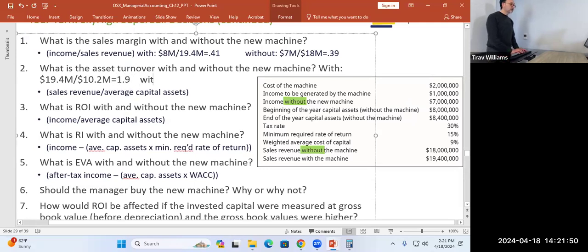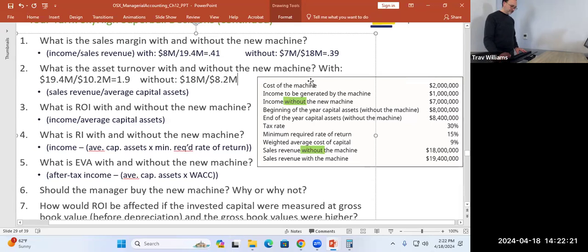And then without. The sales revenue was 18 million without the machine, right? And we divide that by our average capital assets. Without the machine, we're averaging 8 million and 8.4 million.